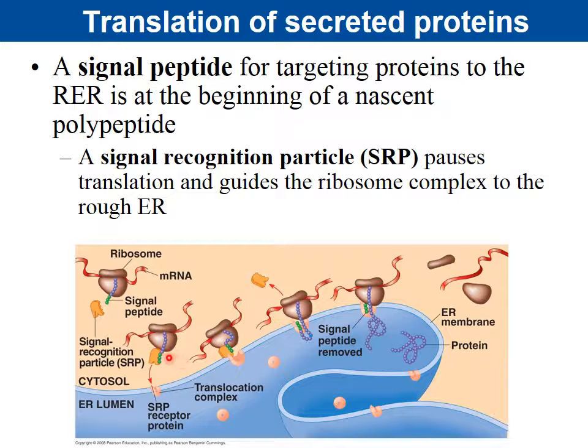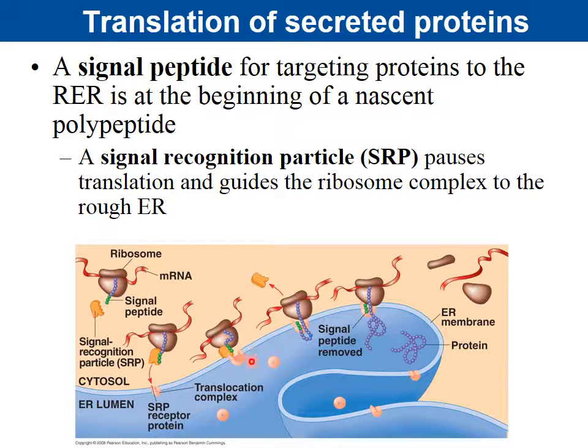And when it binds, it allows this ribosome to then dock onto the endoplasmic reticulum. And this SRP is going to bind to an SRP receptor protein. And that's going to allow the ribosome to dock onto the endoplasmic reticulum.